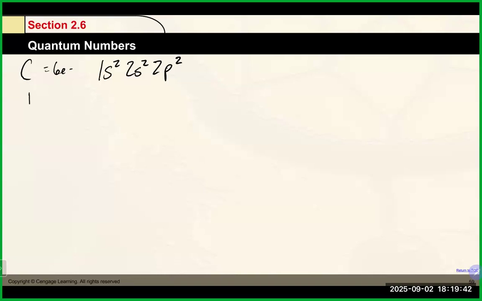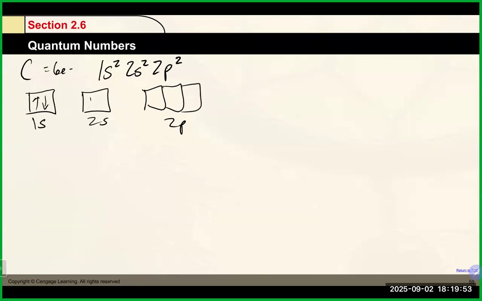Coming to our orbital diagram here, we got our 1s, our 2s, our 2p. We got up, down, and now we put our first electron there, and there is another rule that helps us choose where we should put the next electron.